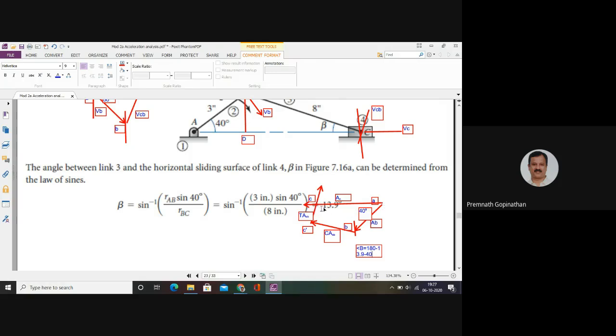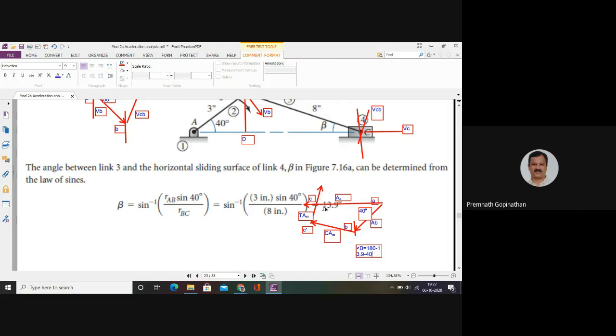So that angle needs to be identified. Now that angle will be equal to, with respect to the vertical, this right angle will be equal to 13.9.